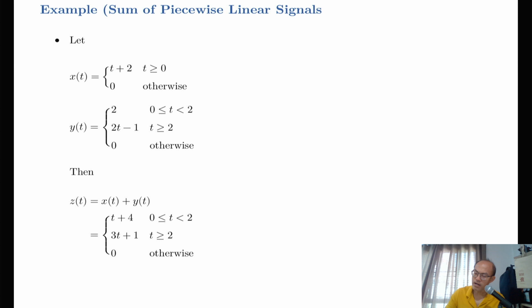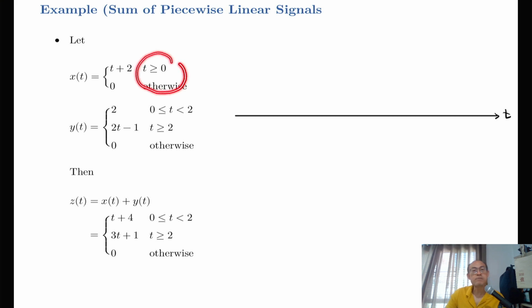Here, another example. I'm gonna do this one algebraically. Remember how we did it last time. When we add these two signals together, we draw the time axis, and then we mark the important points of x.